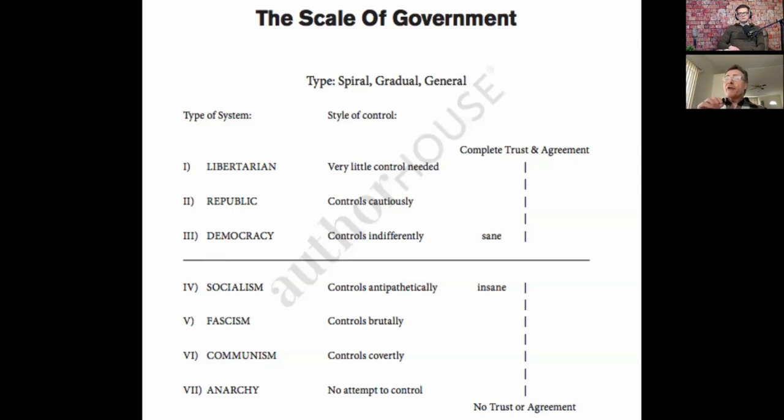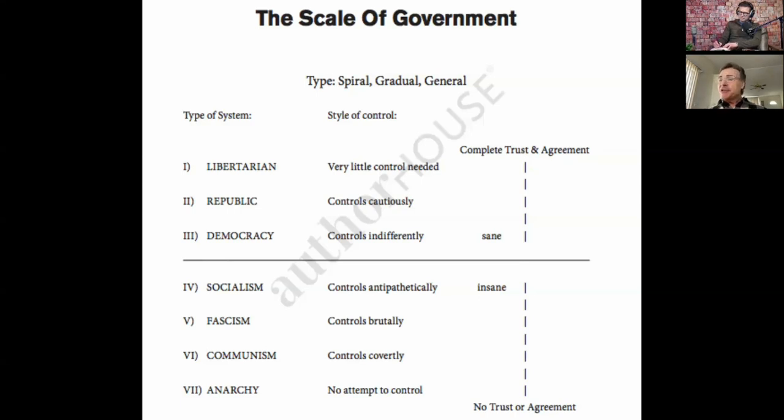Libertarian functions on the teachings of Thomas Paine, who famously said, government is at best a necessary evil. Libertarians believe that government is at best a necessary evil, which means we don't want to have a lot of government.